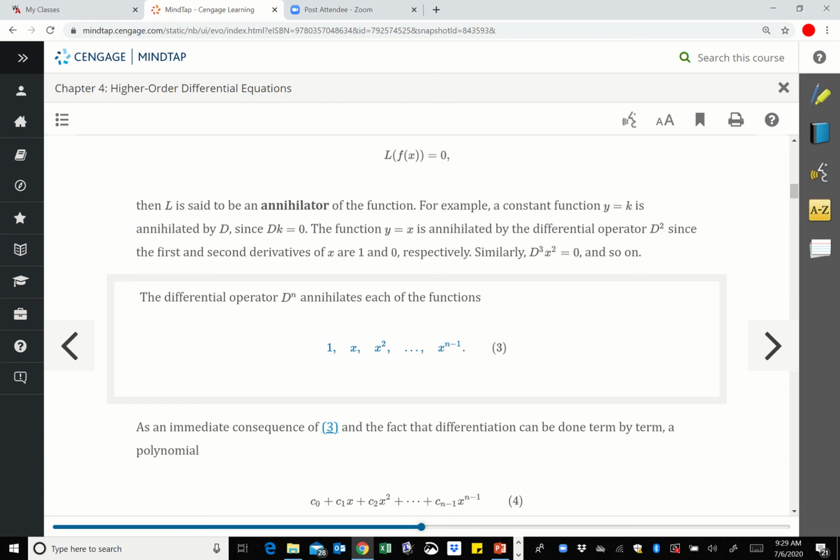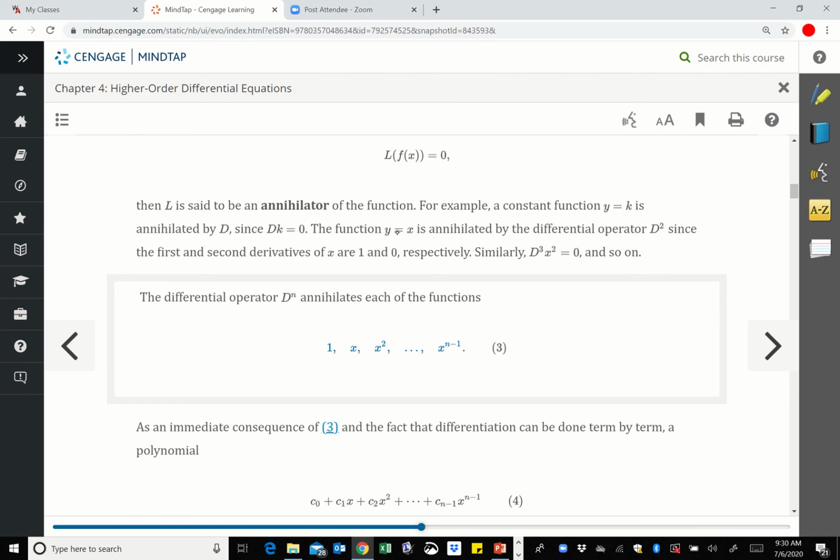So it's quickly easy to figure out what types of things would annihilate powers of x. If you have, let's say, x to the n minus 1 power, then the next higher order power of the differential operator will be an annihilator for it. So for example, we saw that a first degree power of x was annihilated by D squared. A second power of x was annihilated by D cubed.